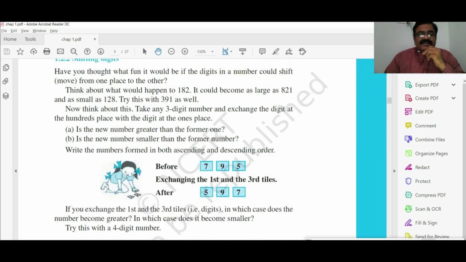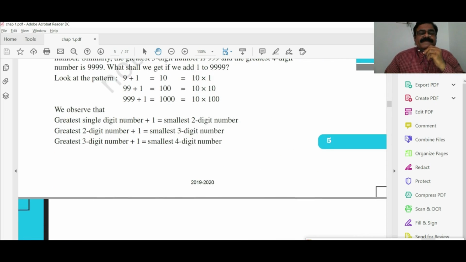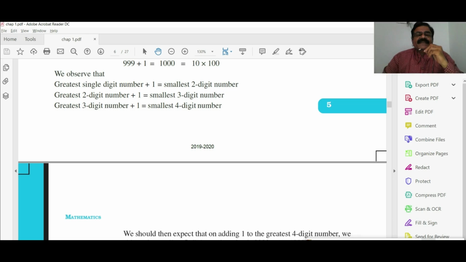Now students, you can see the predecessor and successor of a number. The successor of any number can be found by adding 1 to that number, and the predecessor can be found by subtracting 1 from the given number.